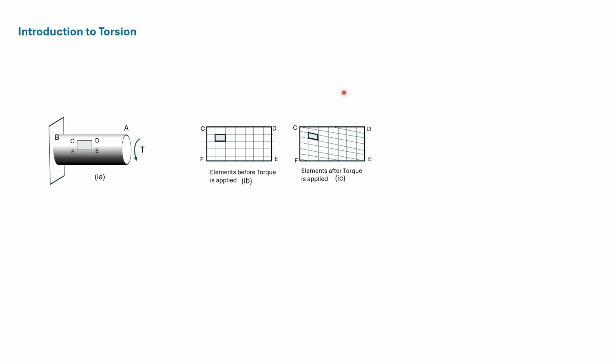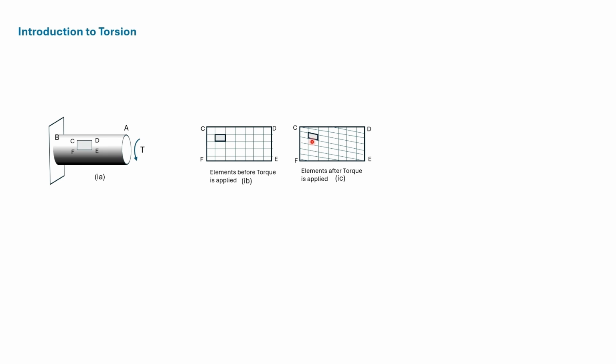After torque is applied, based on physical understanding, one would think that the vertical lines will not change. However, the horizontal lines would change in angle. Consider the shaded element shown here. All the angles are right angles before application of the torque.